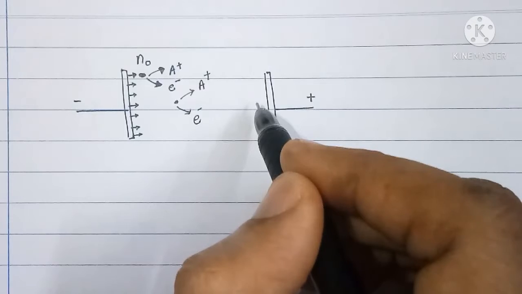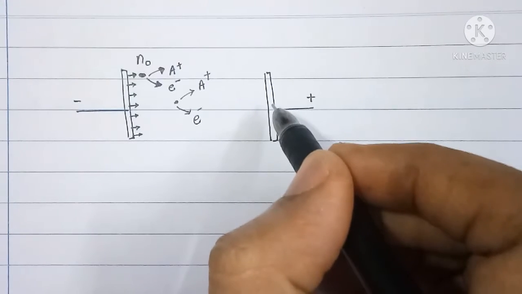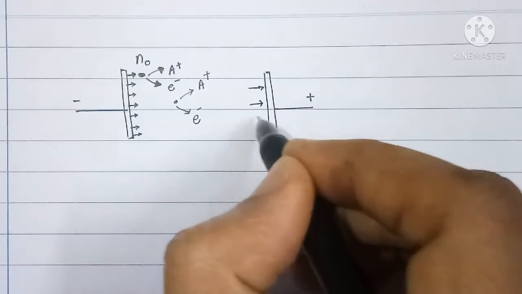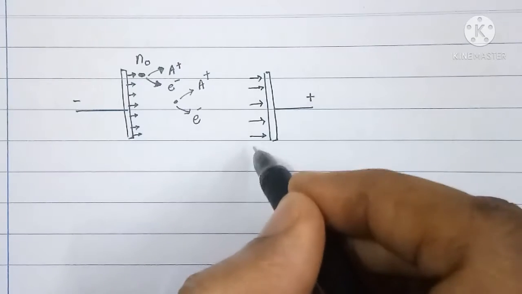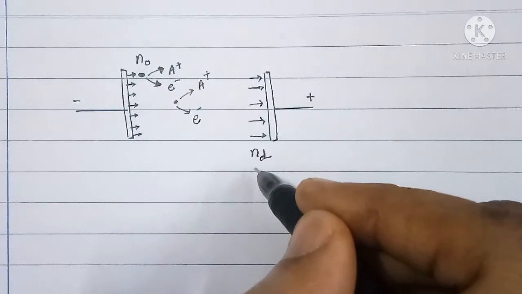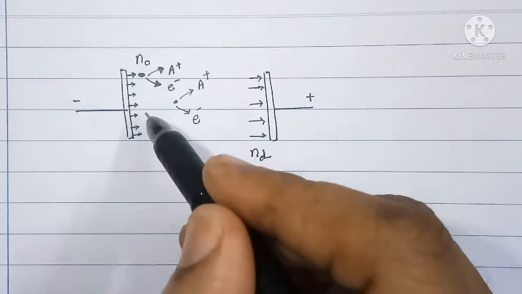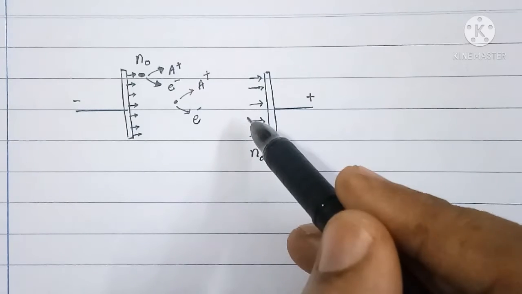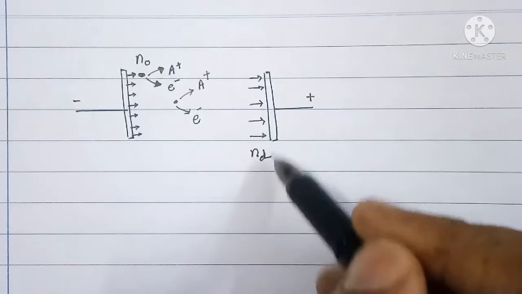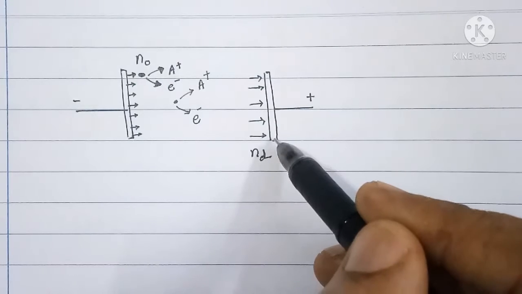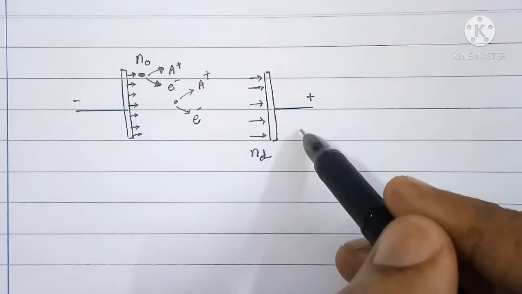And finally, Nd number of electrons reached the anode, that is here. And this Nd is very large because when N0 number of electrons move from cathode to anode, there will be large number of collisions and hence large number of electrons will be produced, and those all electrons will reach the anode.